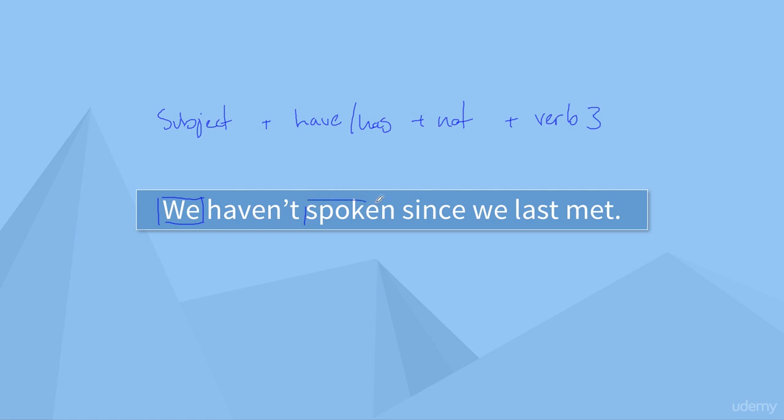The verb here is spoken, which is the verb 3 of to speak. And haven't is, of course, the contraction of have and not. And the subject is we, as we said. So we haven't spoken since we last met.